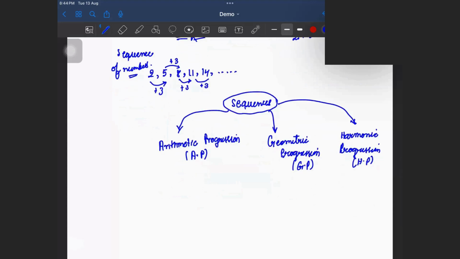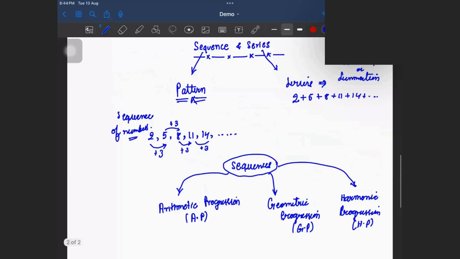Just write this down in a notebook, till here. Are you copying, Nikhil? Yes, I am. Just copy it first and tell me once you're done. The last one is harmonic, right? Yes, it's harmonic.